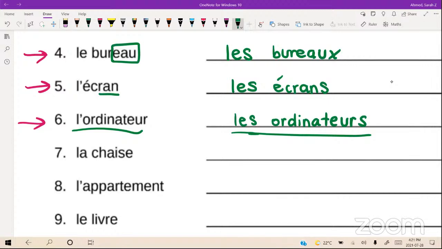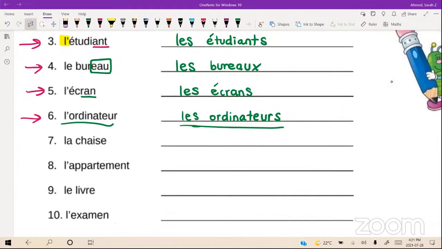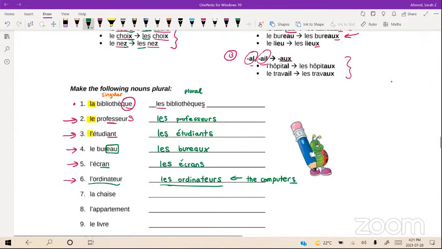And do you remember what this word means? No. We did learn it. Okay, so les ordinateurs means the computers. I'll show you where we did it before.